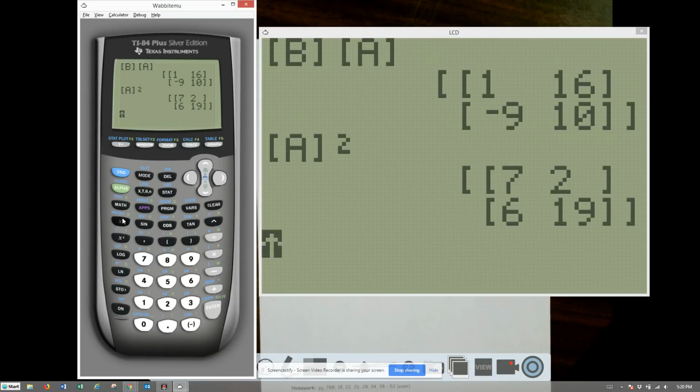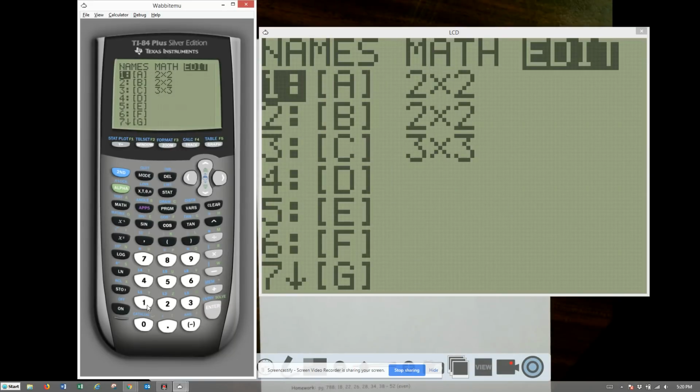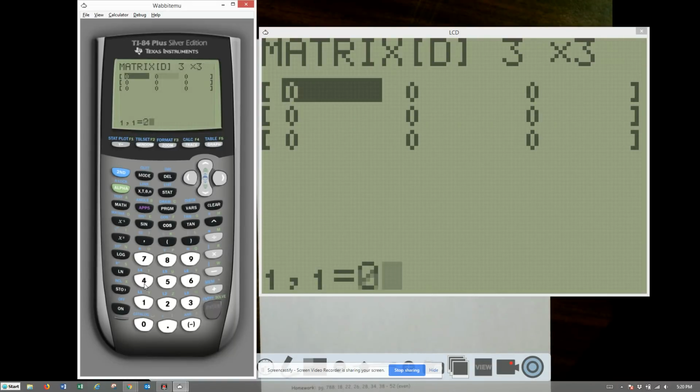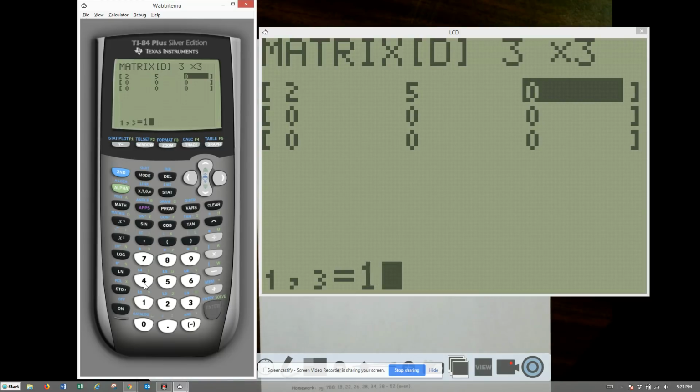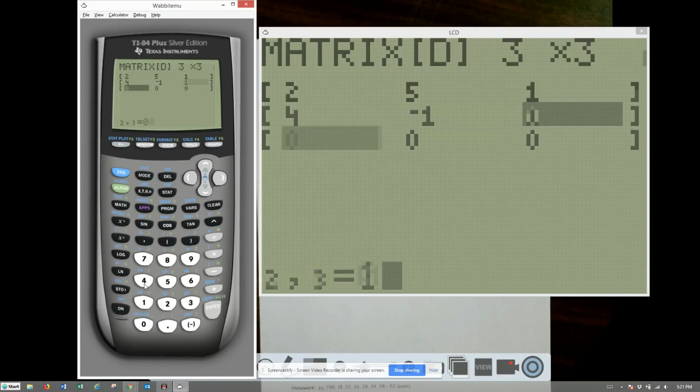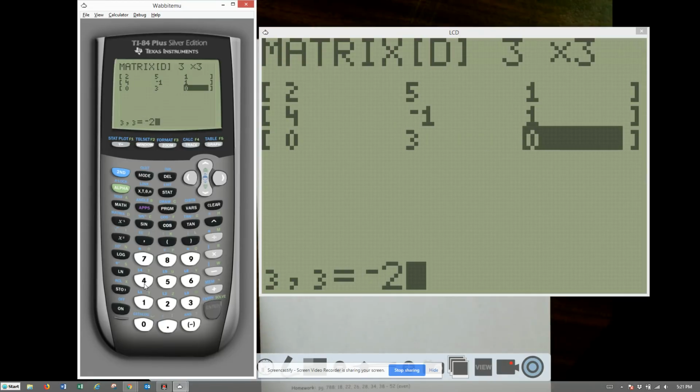Let's go back and edit our matrix D, which is also a 3 by 3: 2, 5, 1, 4, -1, 1, 0, 3, -2.